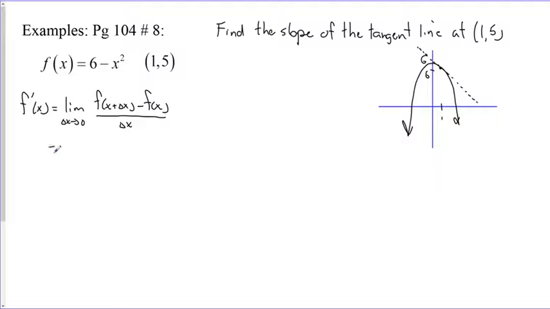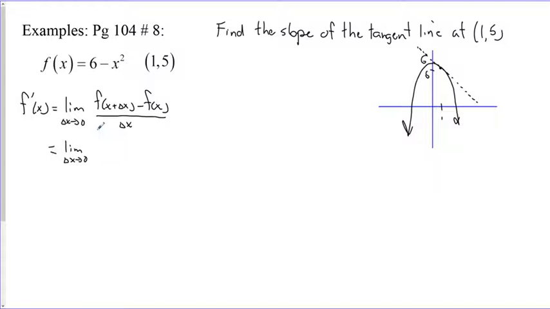All right, so in this particular instance, my function is 6 minus x squared. So I still have my limit. I haven't taken my limit yet because it's obviously undefined at where I'm at. All right, so I'm going to plug in.